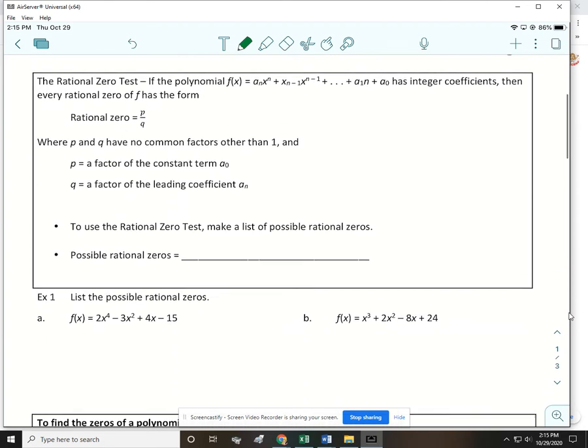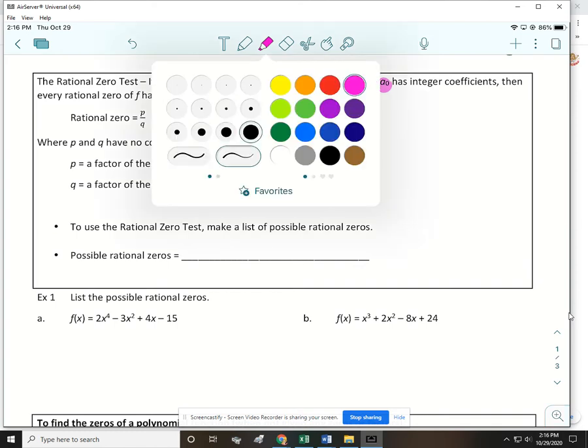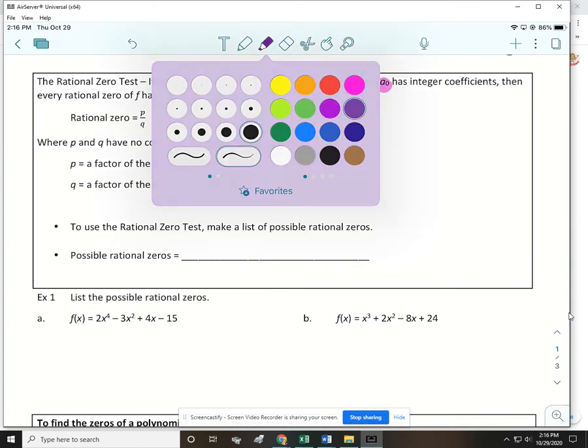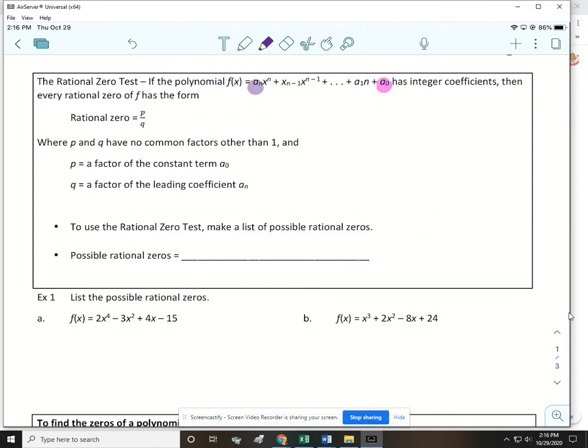All right, now we're going to use something called the rational zero test to find possible rational zeros. Basically, a rational zero is going to be in the form of p over q, where p is a factor of the constant term, which is a sub 0, and q is a factor of the leading coefficient.